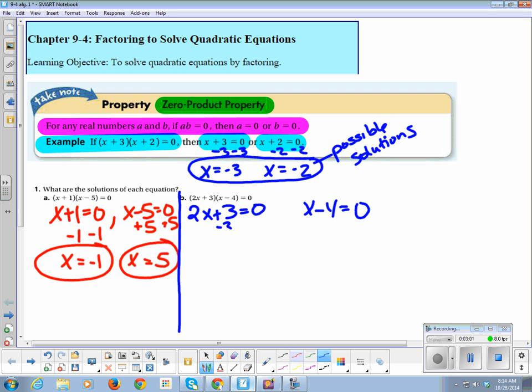I'm going to subtract 3 from both sides. And then I'm going to divide both sides by 2. So x is either equal to negative 3/2 or x is equal to 4.